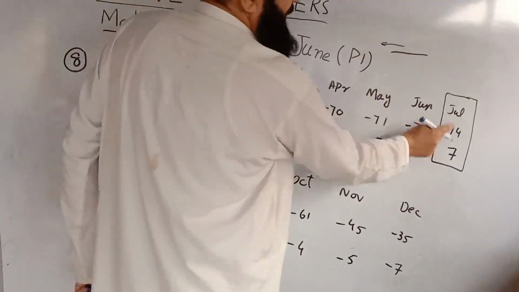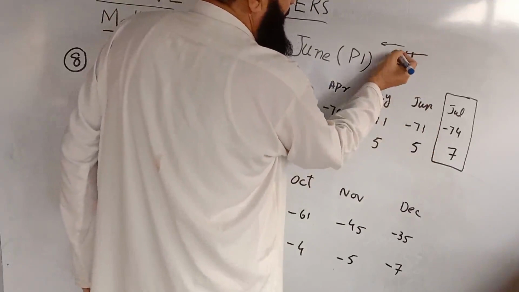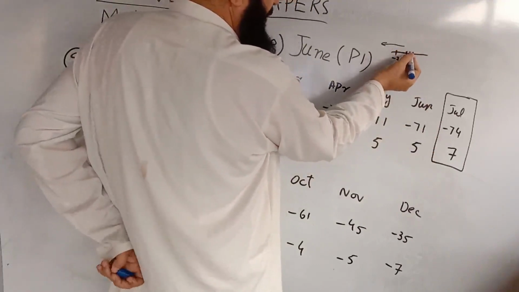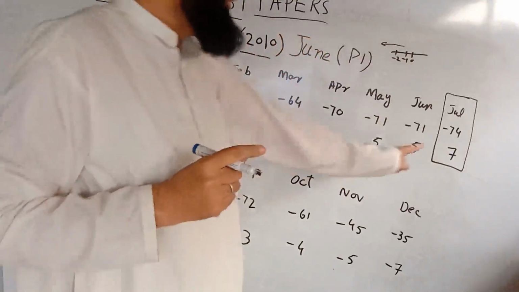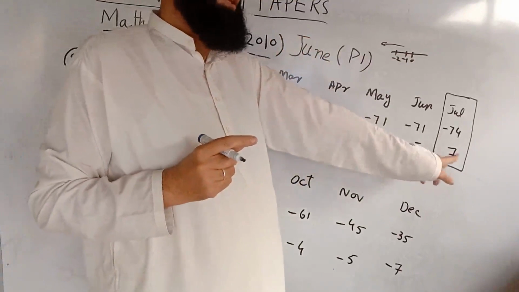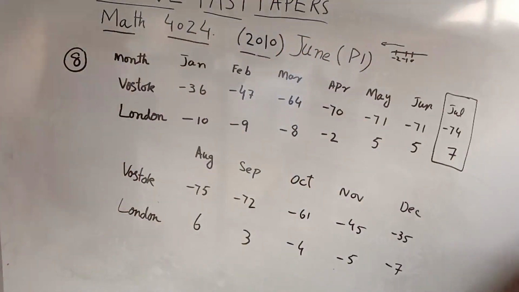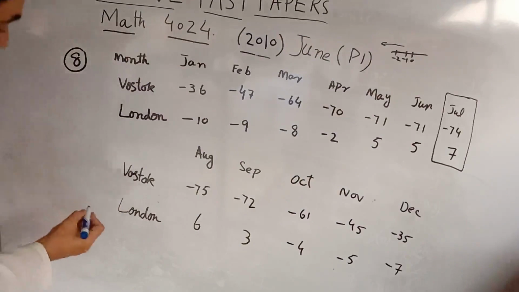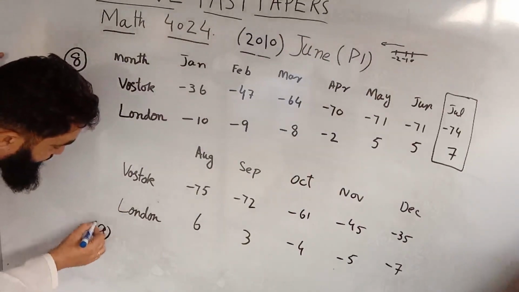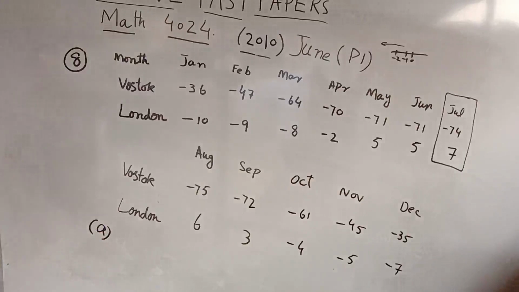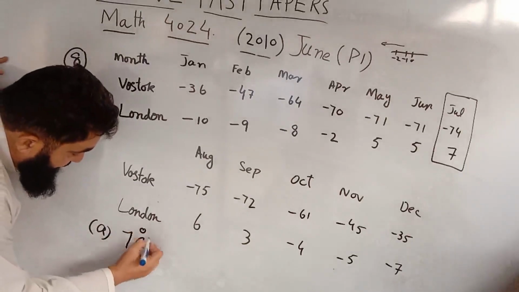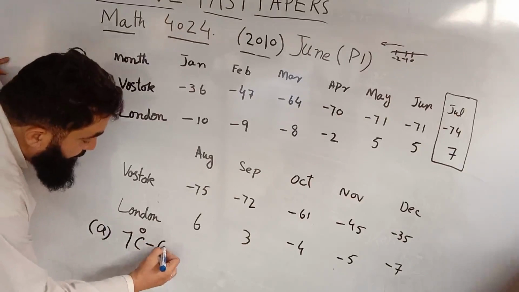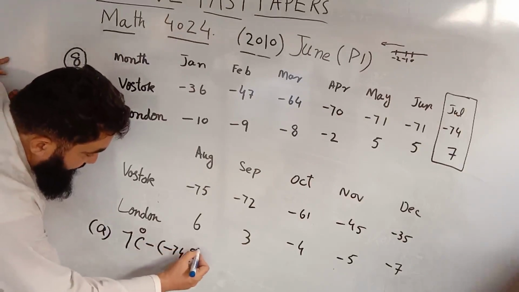It is 0 here, then -1, which is minus. As you go towards the left-hand side, the value becomes smaller. So -74 is smaller than +7. Therefore, we will subtract the smaller number from the bigger number. Therefore, part A, the difference in temperatures of Woodstock and London in the month of July will be equal to 7 degrees centigrade minus -74 degrees centigrade.